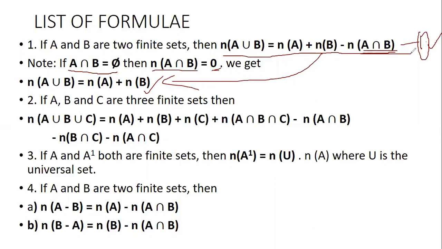Suppose you get an empty set for A intersection B, then we will leave out A intersection B and stick to the rest of the formula. But the scenario where we have similar elements in n of A intersection B will not actually come at any point of time.